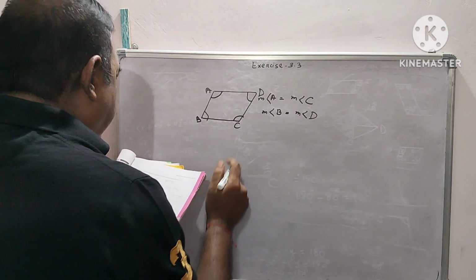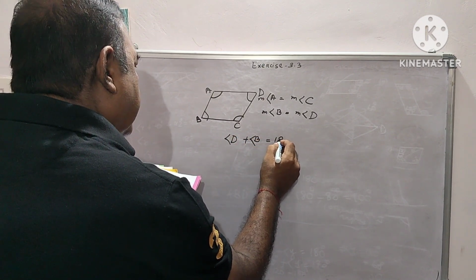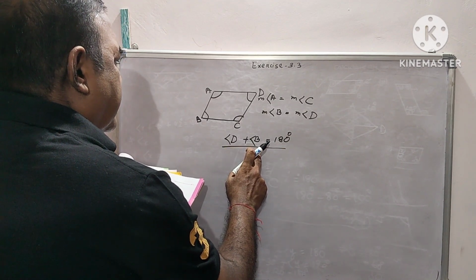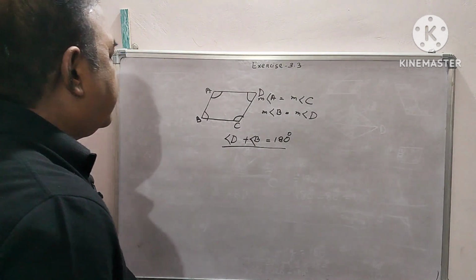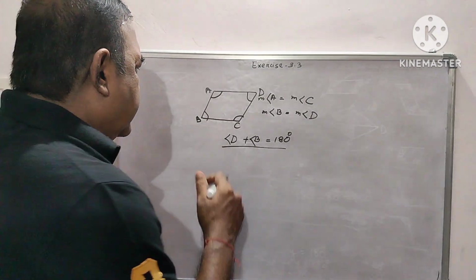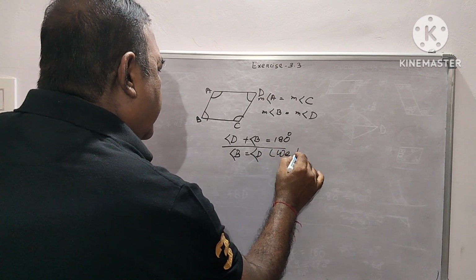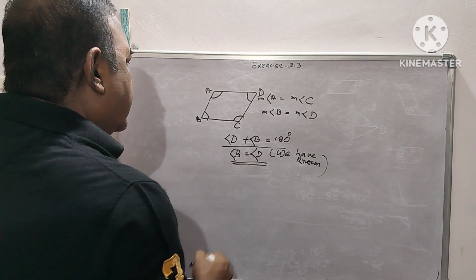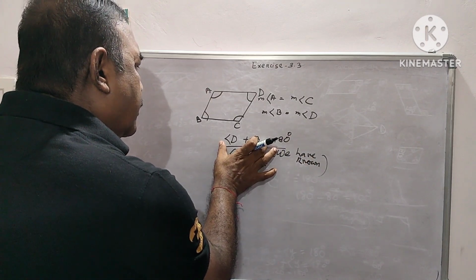Angle D plus angle B is equal to 180 degrees. So the measure of angle D plus the measure of angle B is equal to 180 degrees. Can quadrilateral ABCD be a parallelogram? We know that the opposite angles are equal in measure. And here the condition is given that the sum will be equal to 180 degrees, and both the angles are equal, we know.